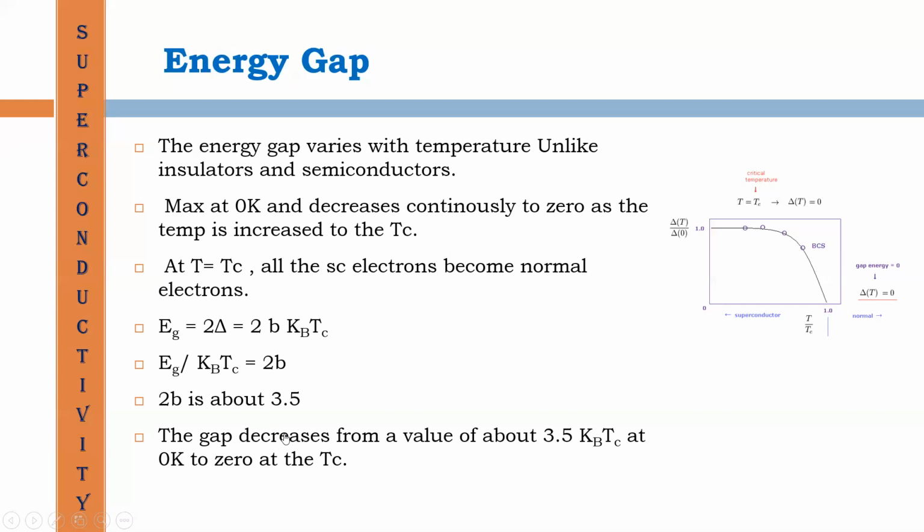So the gap decreases from a value of 3.5 kB Tc at 0 Kelvin to 0 at the transition temperature. At the maximum point, it has a value of 3.5 kB Tc, where kB is the Boltzmann constant.